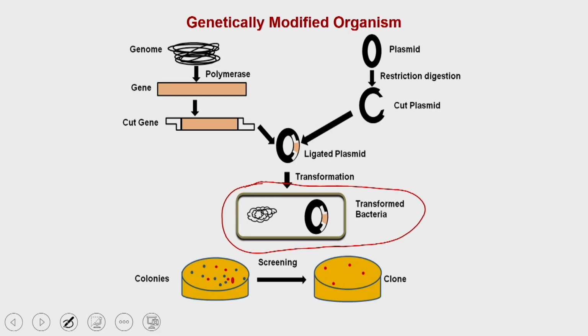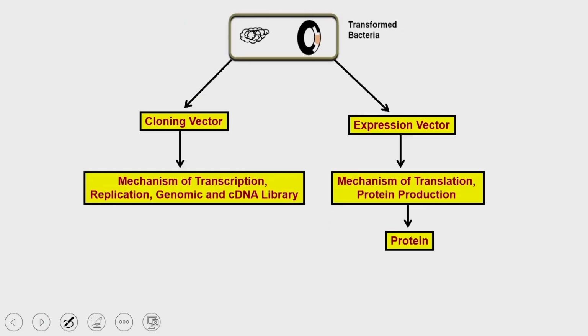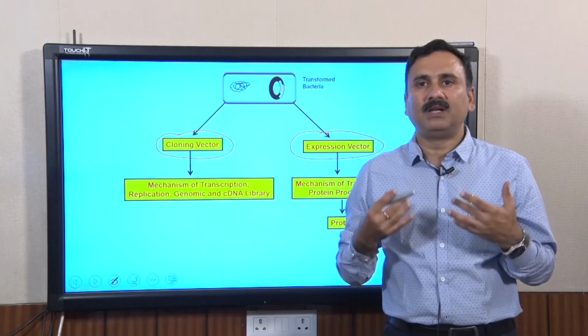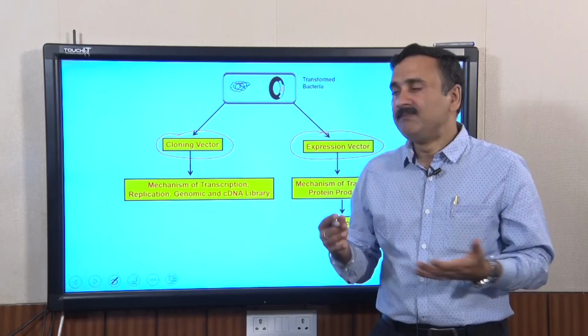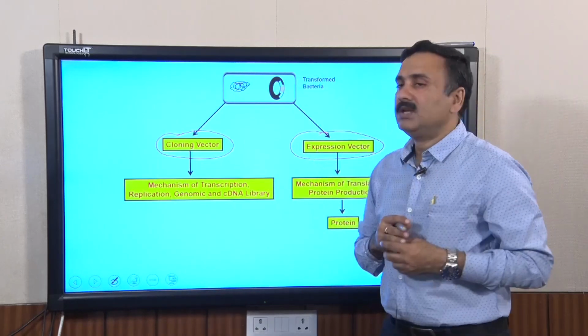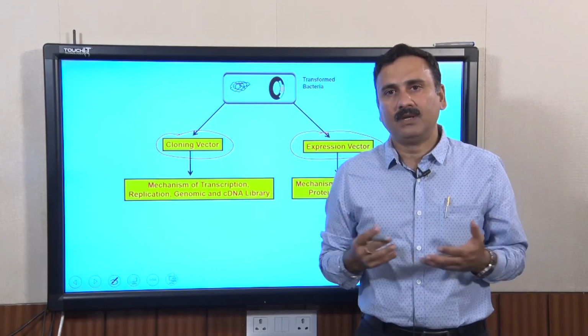And once you generate the transformed organisms, whether it is bacteria or mammalian cells, you are going to have these transformed organisms containing either the cloning vector or the expression vector, because it depends on what requirements you have or what questions you would like to ask from this transformed host.